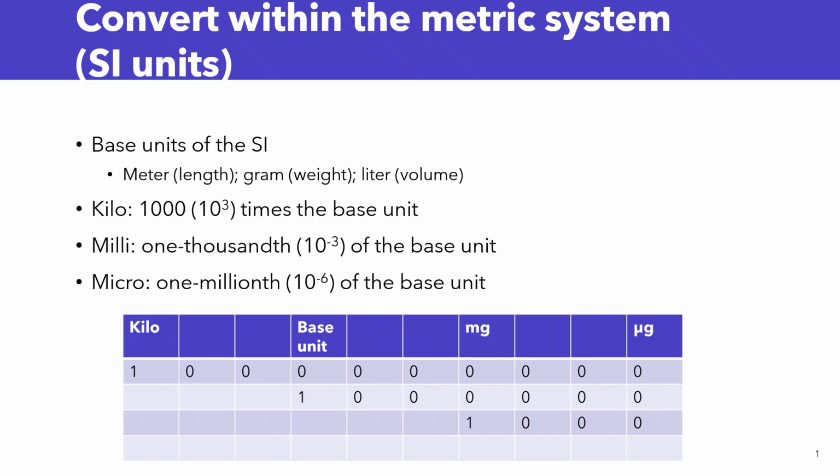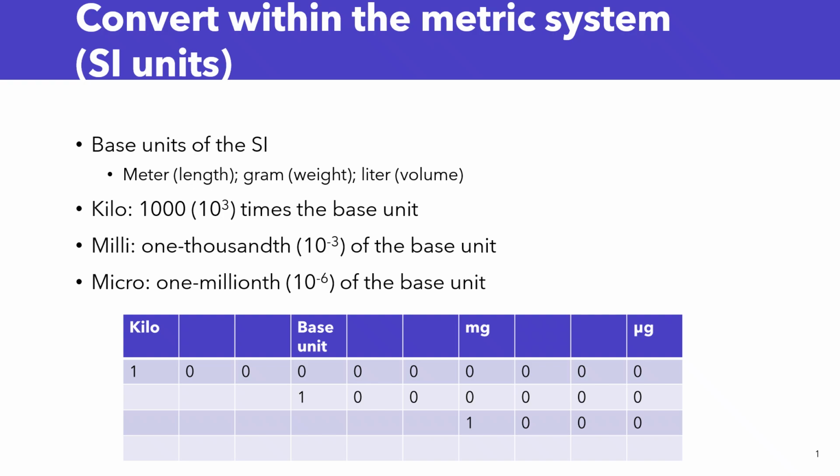Now I have this table right there for you if you're a visual learner, and that can help. So you have the base unit, right? And then if you have kilo, like kilogram, that's 1,000 grams. So 1 kilogram is 1,000 grams. Okay, so gram is the base unit.